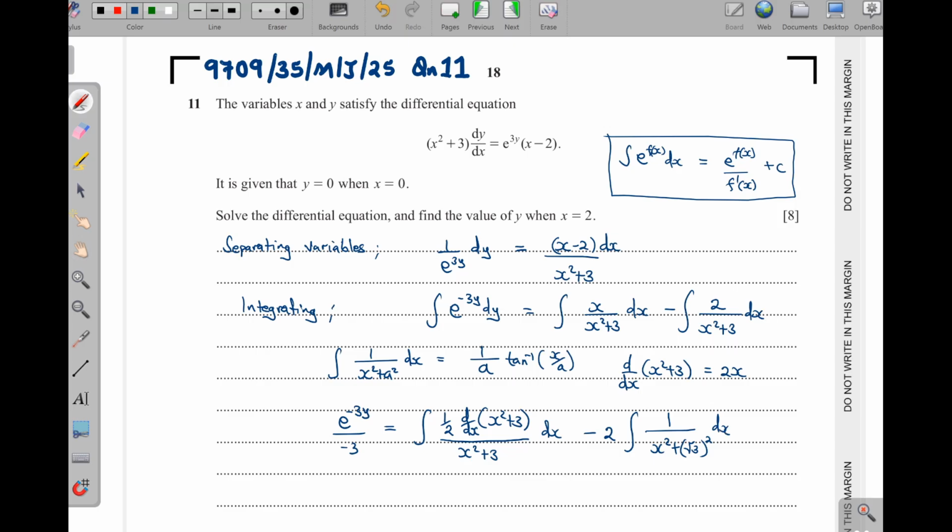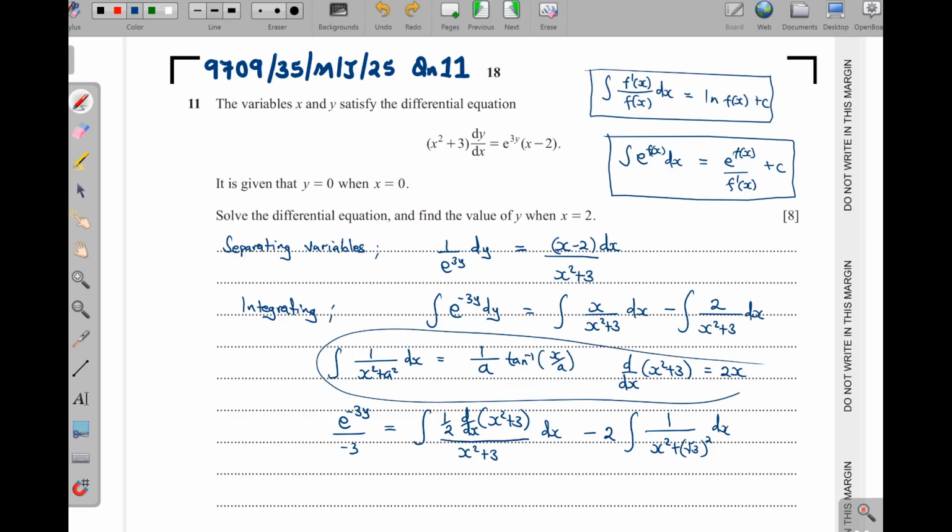Another thing we should know is that when we integrate and we see that what we have in the numerator is the exact derivative of the denominator, then this one becomes natural log of the denominator. This is very important, and these are the things that we are going to use. So let me take this one up here. But in the exam, you don't need to write all of this.